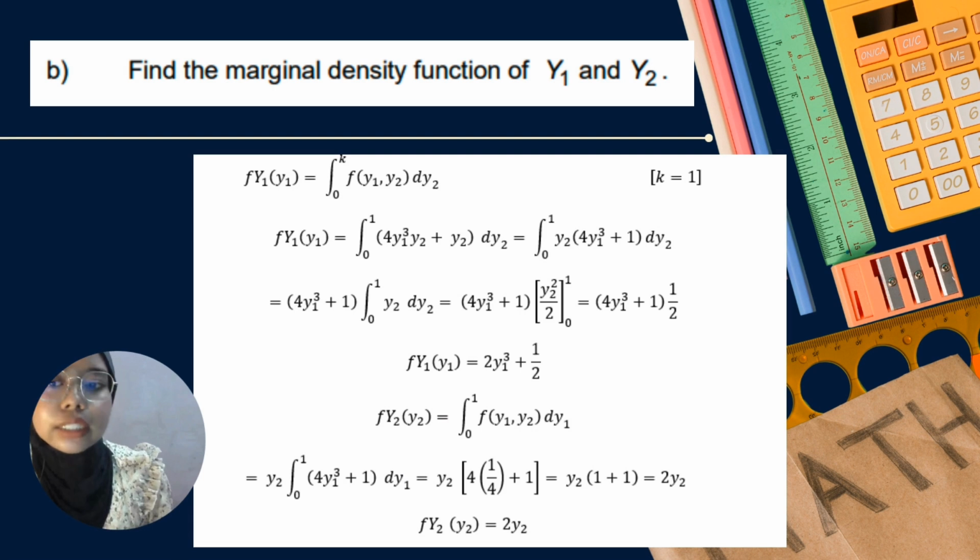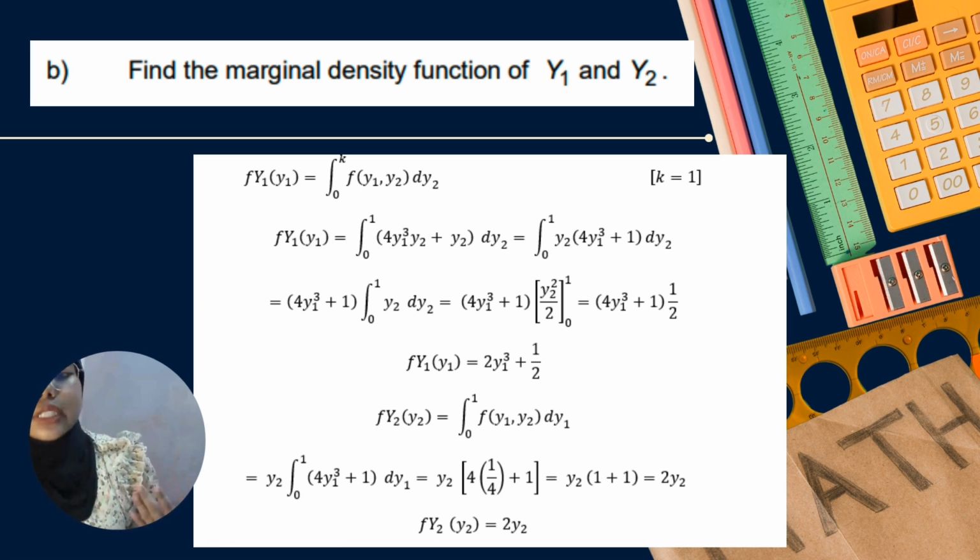To find the marginal density of y1, the first thing that we have to do is integrate from 0 to k, f(y1, y2) with respect to y2. We integrate the previous equation that was given, and as we all know, k is equal to 1. After integrating, the final answer for the marginal density of y1 is 2y1 to the power of 3 plus 1 over 2.